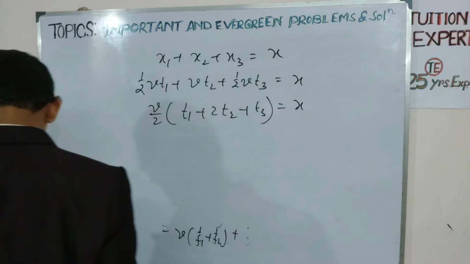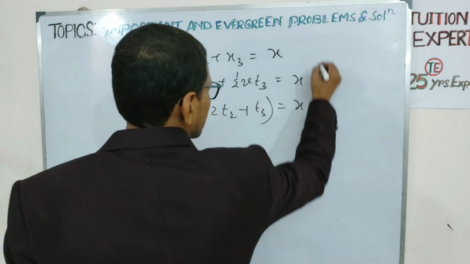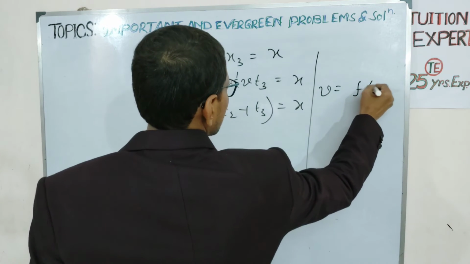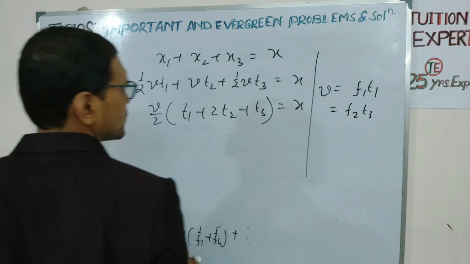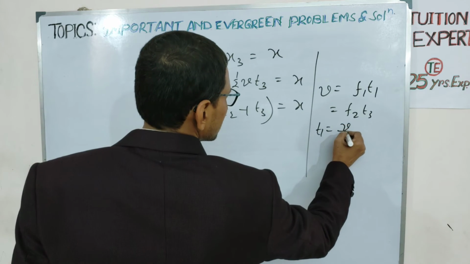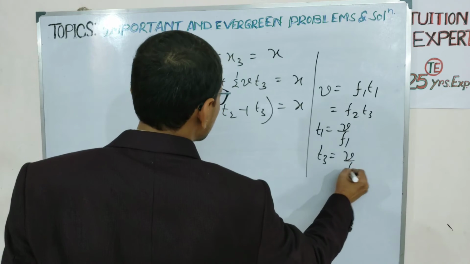Now we know v equals f1 t1 and equals f2 t3. So t1 equals v by f1 and t3 equals v by f2.